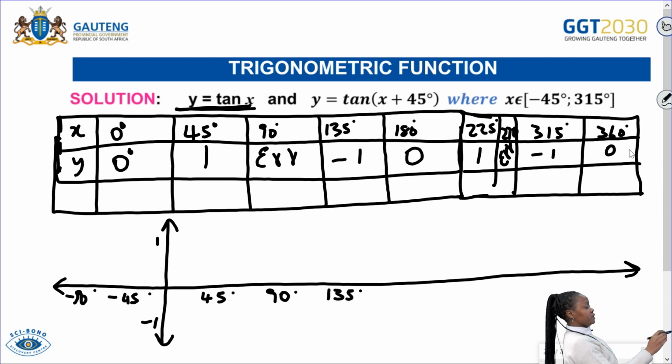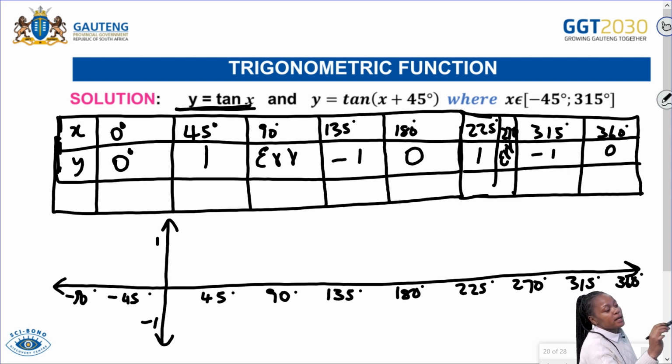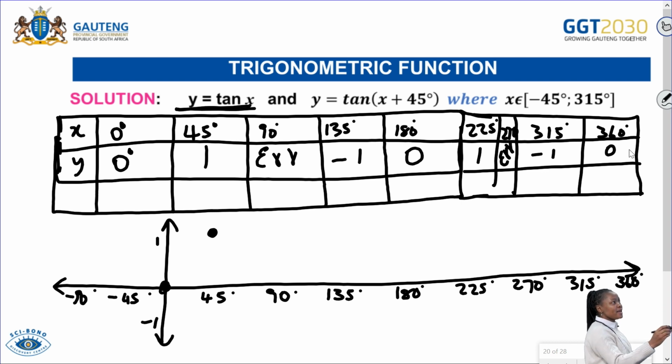Okay, so you see you have 135, 180, 225, 270, 315 up until 360 degrees, right? At 0 you have 0, at 45 you have 1, and at 90 you have the asymptote.